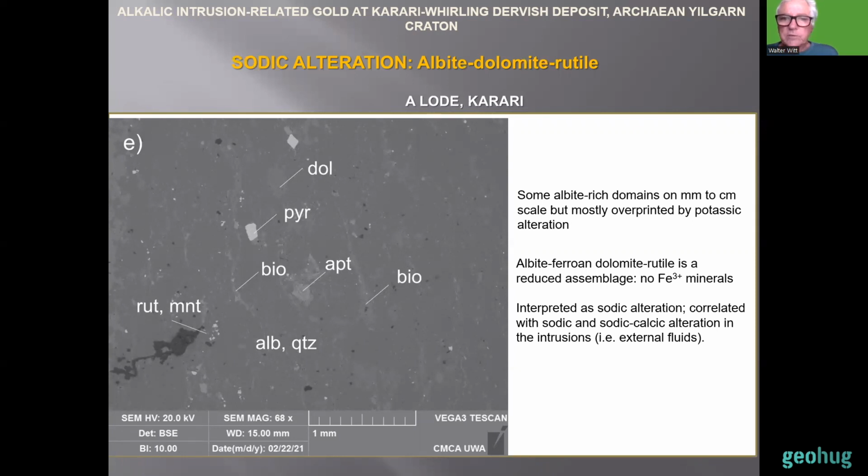But the albite-dolomite-rutile assemblage contains no Fe3+-bearing minerals, and so this is interpreted as a relatively reduced hydrothermal stage or relatively reduced hydrothermal fluid. And the sodic alteration is correlated with sodic and sodic-calcic alteration in the intrusions.